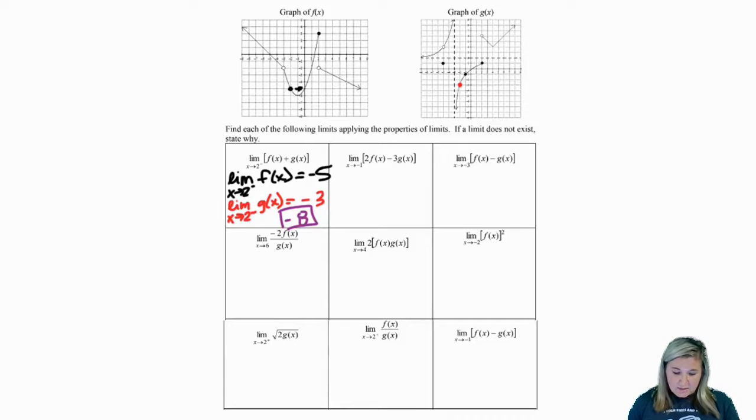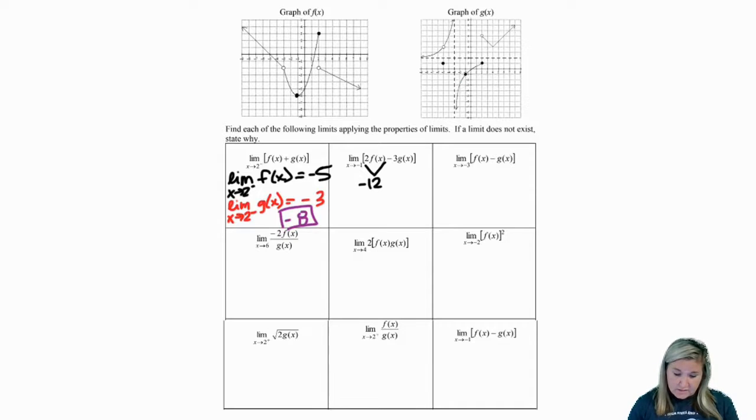Then I'm just moving across to the right. We have the limit as x approaches -1 of 2 times f of x minus 3 times g of x. As x approaches -1 of f of x, we have -6. So this piece right here is going to be -12, because it's 2 times that.